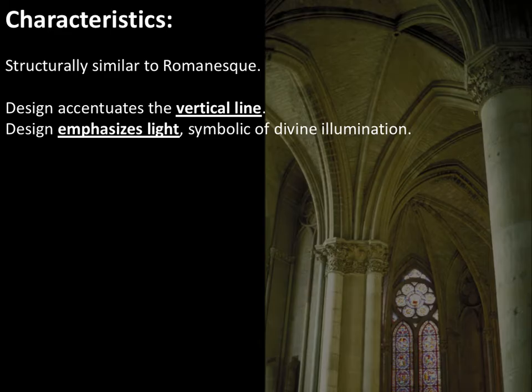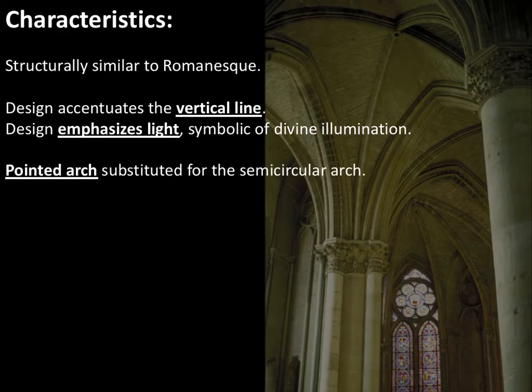We have these huge windows that literally let light into the room through all of that colored glass. So that then becomes symbolic of divine illumination. We have taken away that semicircular arch and we have substituted the pointed arch or the Gothic arch throughout.